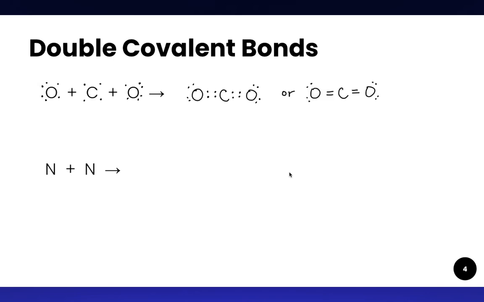Each of these nitrogens have 5 valence electrons. So each of them need 3 more in order to have a full octet. I'm going to let you guess what you think is going to happen to this bond.